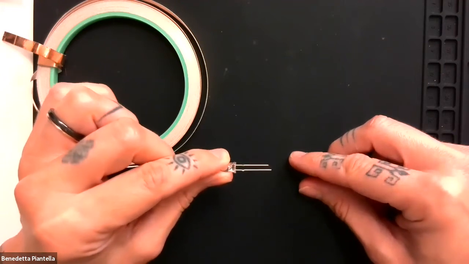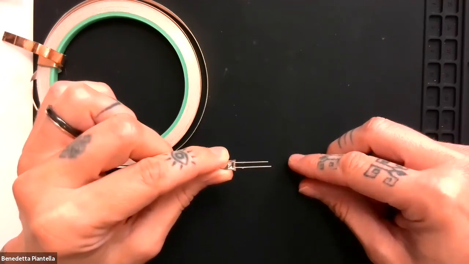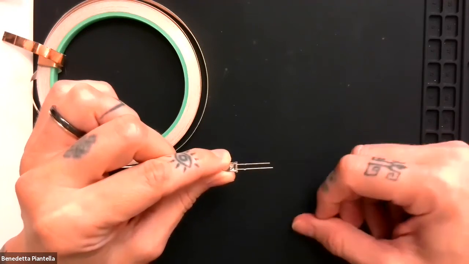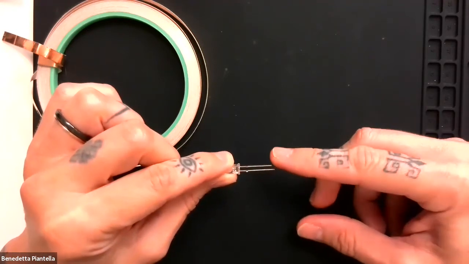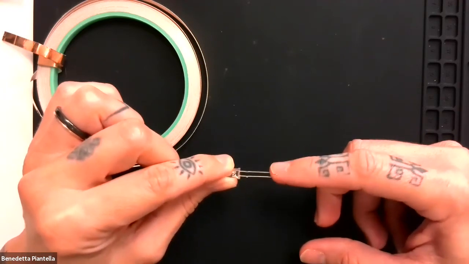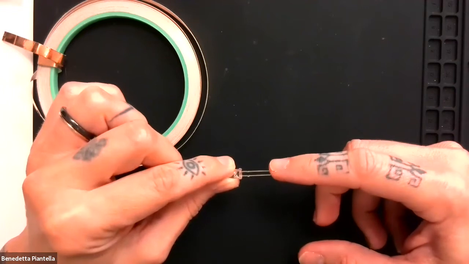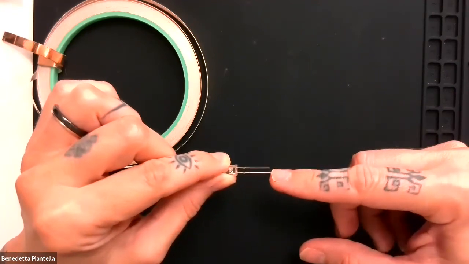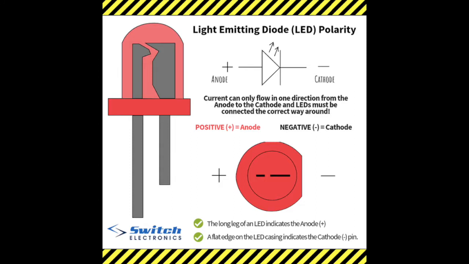And so if you notice with this LED, the difference is that one leg is shorter than the other. And so the shorter leg is the one that wants to go towards the negative side of your power supply or your circuit or ground, and the longer leg is the one that you want to attach to power.